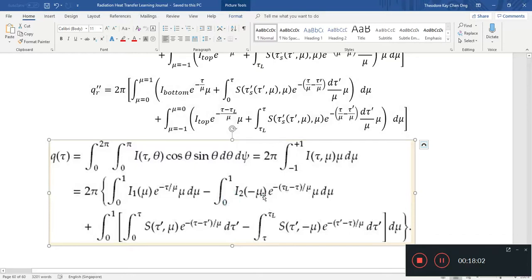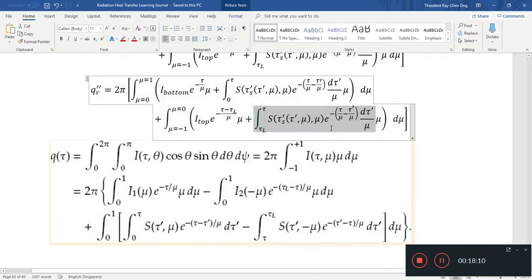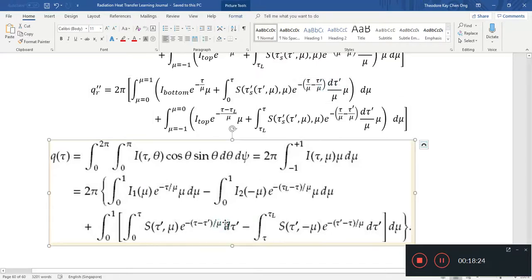And the other thing is that you have to integrate the source terms. You see this source term is, I believe, from 0 to tau. We multiplied the mu's in, so the mu's cancel, and then we just have the tau prime left.